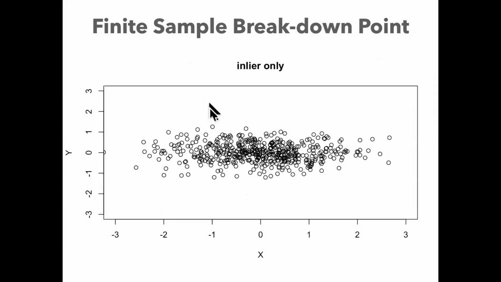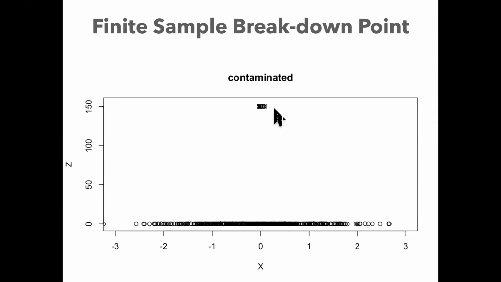You can get the intuition for the breakdown point with this simple example. When we have only inliers, the principal component direction would be like this red line. And with a small chunk of outliers over the population of inliers, the principal direction does not change, fortunately, in this case.